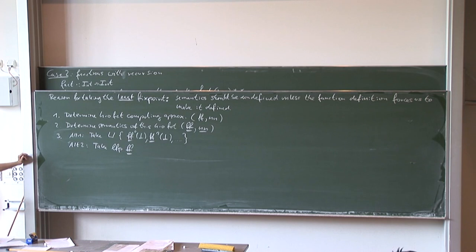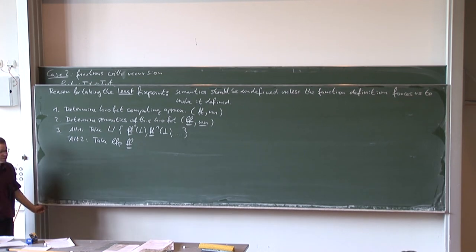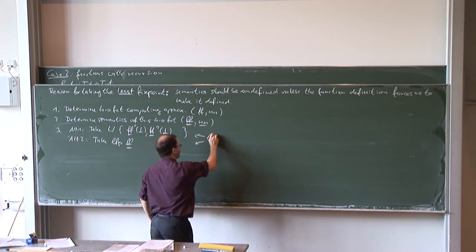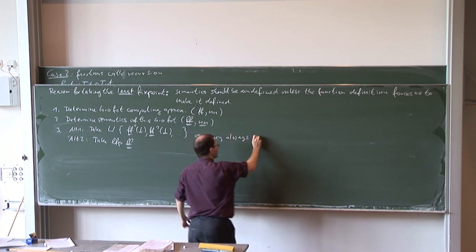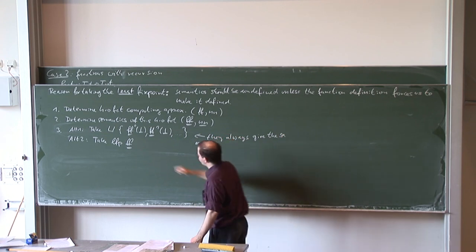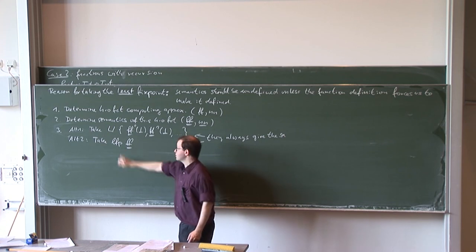And we have seen that in our examples, at least for factorial and for non-term, alternative 1 and alternative 2 lead to the same result. And that's no coincidence. They always give the same result. So it doesn't matter if we define the semantics like this or like that, it gives us the same result.